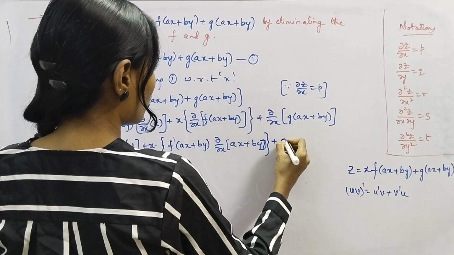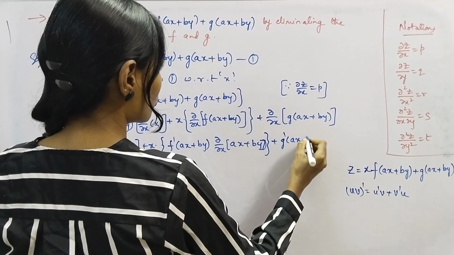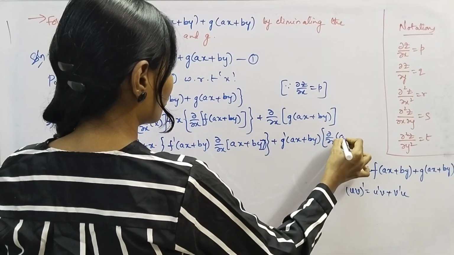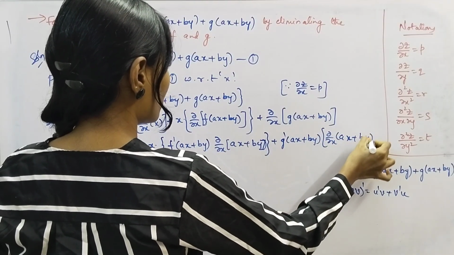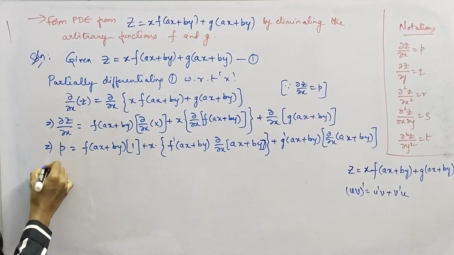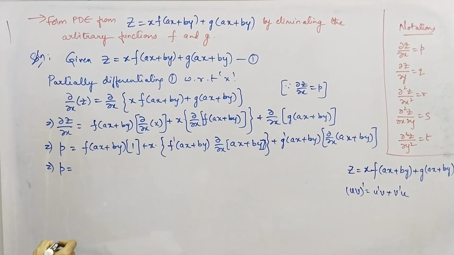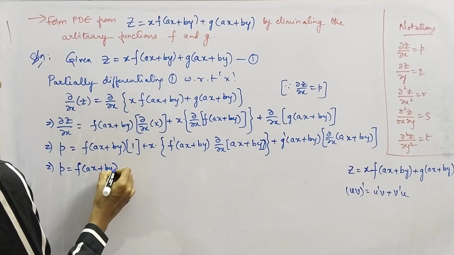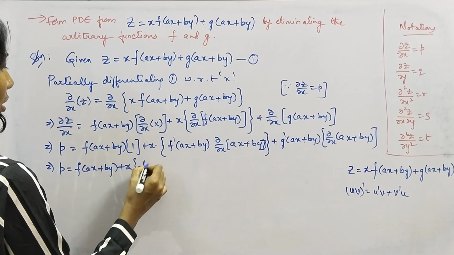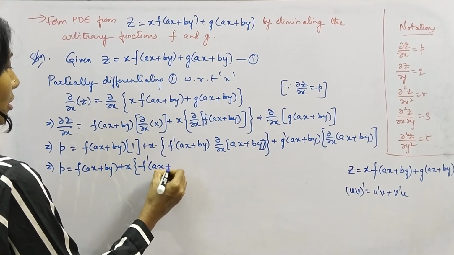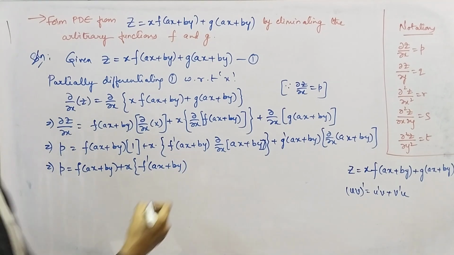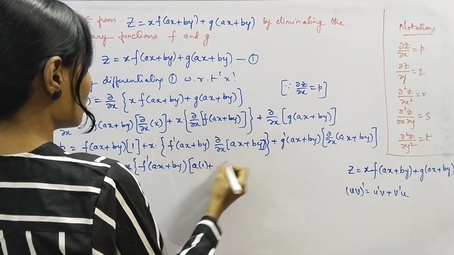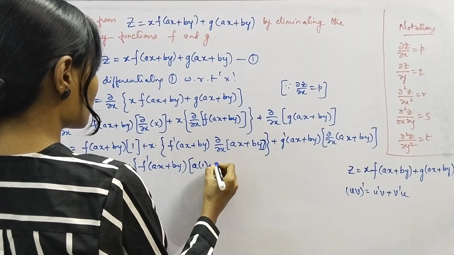Plus partial derivative of g of ax plus by is g dash of ax plus by into inner derivative dou by dou x of ax plus by, and this gives us p equal to 1 into f of ax plus by is f of ax plus by plus x times f dash of ax plus by into a into partial derivative of x with respect to x is 1 plus partial derivative of by with respect to x is 0.